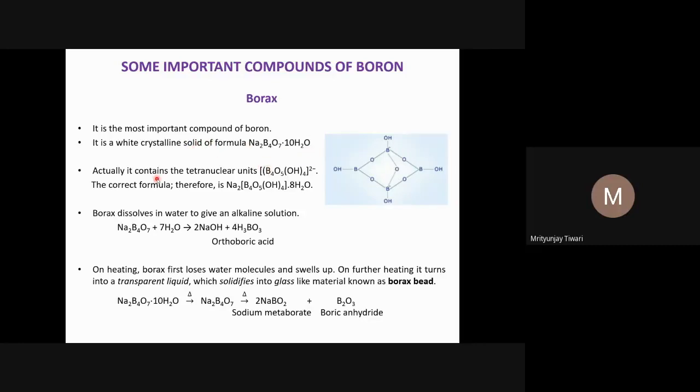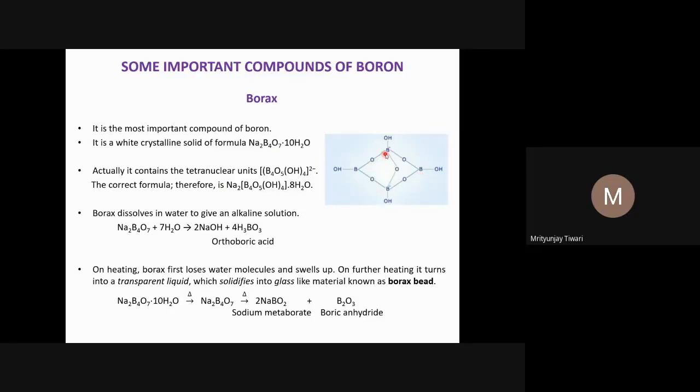In reality, this compound borax has a tetranuclear unit, and if you see this structure, 4 boron atoms are there, and they occupy 4 corners. If you want to write the structural formula, these 4 boron atoms occupy 4 corners.